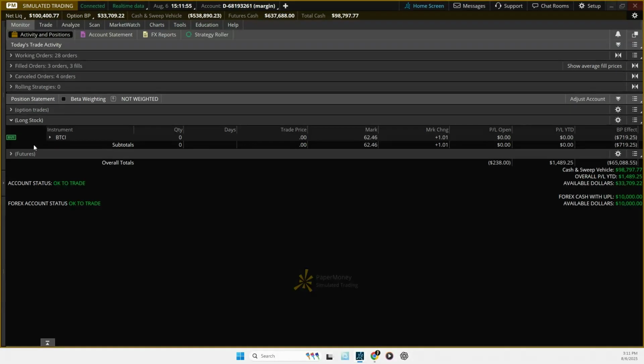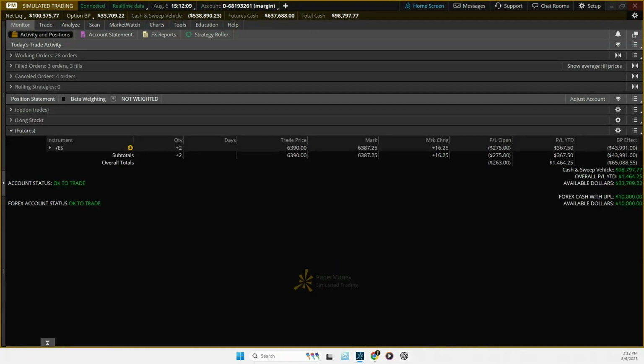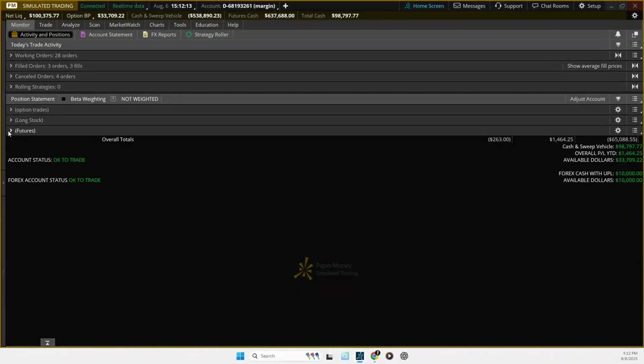Just long stock that I want to purchase and have in the portfolio. And that's it. Now, there might be more to it, but that's the minimum. And then futures trades, hence the futures cash right there. That's it. So that's a quick overview of the Thinkorswim platform for the sample portfolio.